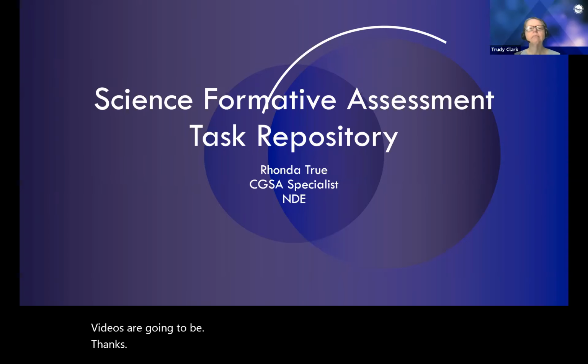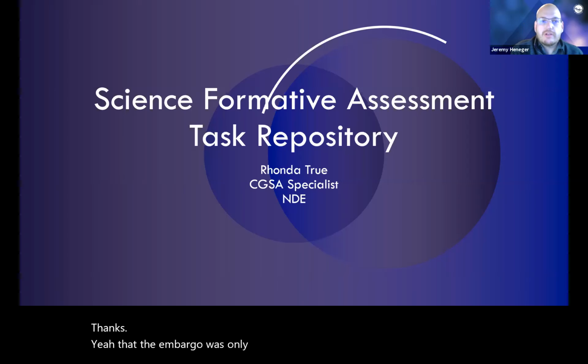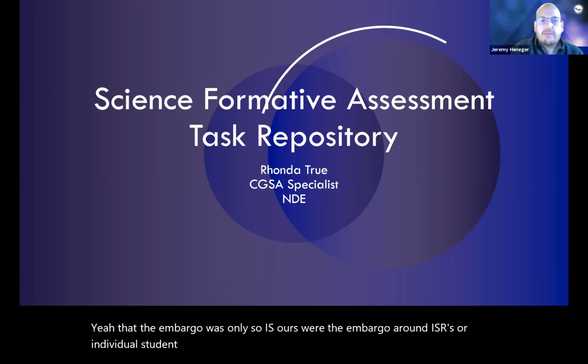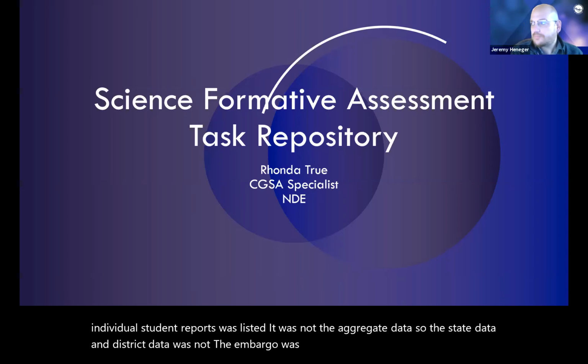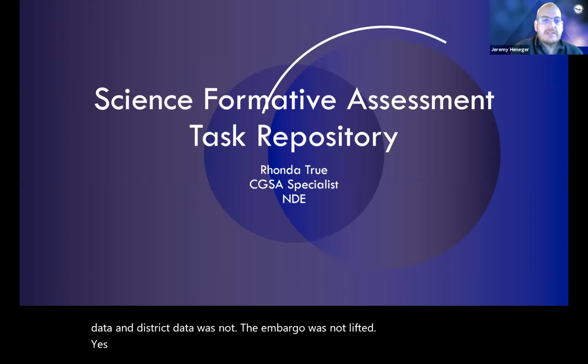Correct. The embargo around ISRs, or individual student reports, was lifted. It was not the aggregate data. So the state data and district data embargo was not lifted. Yes, ISRs could be released. The ISRs for the pilot did not have aggregate data on them.